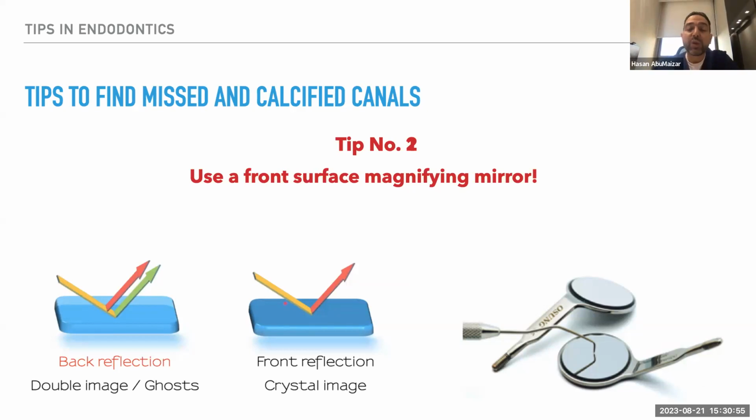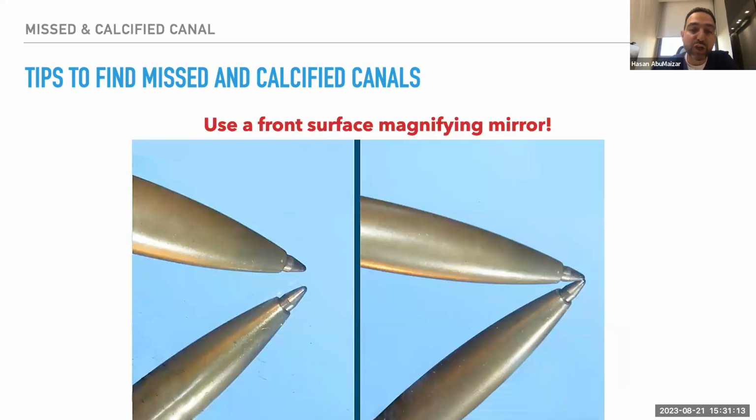And usually when we're dealing with root canals, we are having indirect vision through the mirror, either if it's an upper tooth or a lower tooth, because we are usually looking deep inside at the canals. So how do you know if your mirror has a front surface or not? Just place any object, any pen, file, anything.